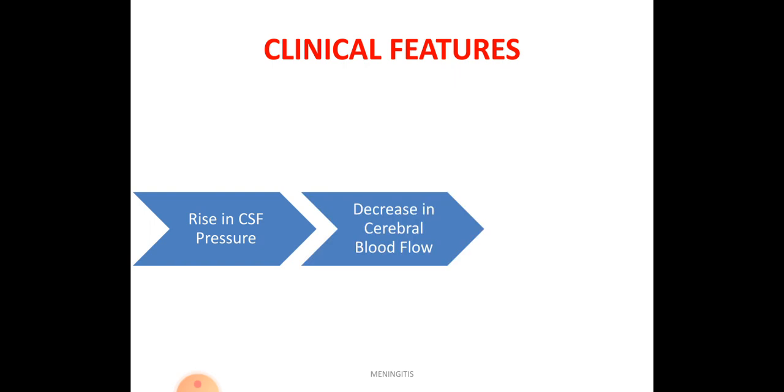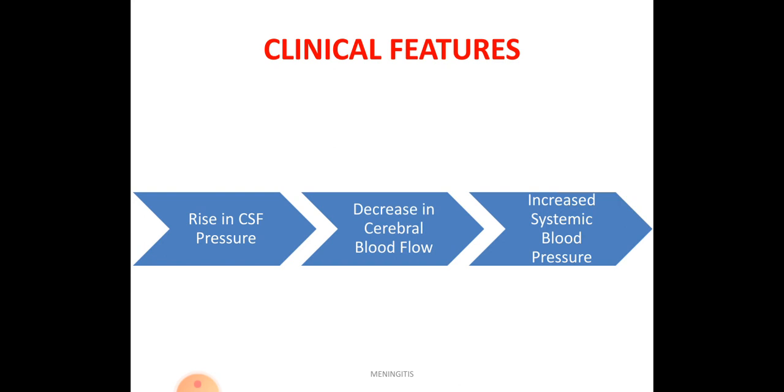Now, whenever you have increased CSF pressure, what will it lead to? It will lead to a decrease in cerebral blood flow. So the new blood, that is the arterial blood supply to the cerebrum, is also affected. It is also reduced. Clear? So now the brain is getting less blood. So what will be the compensation done by the body? The body will try to increase the systemic blood pressure. Clear?